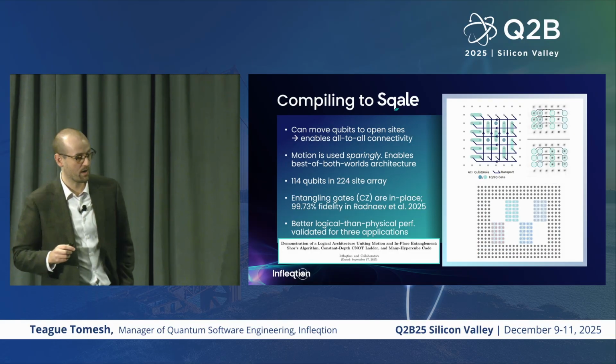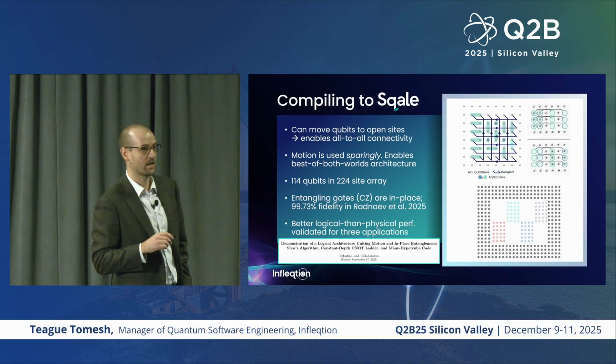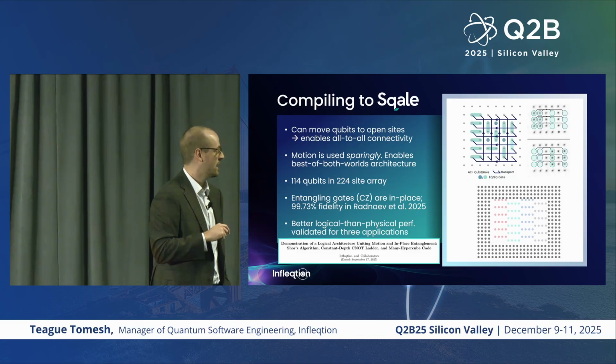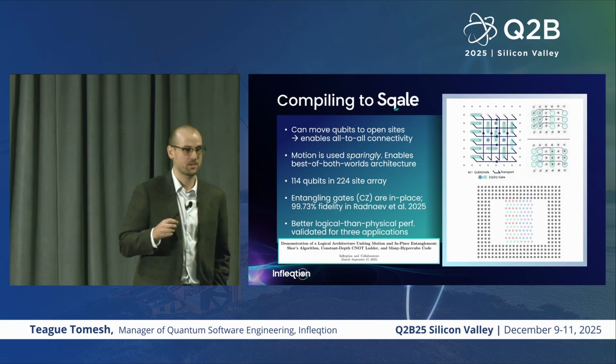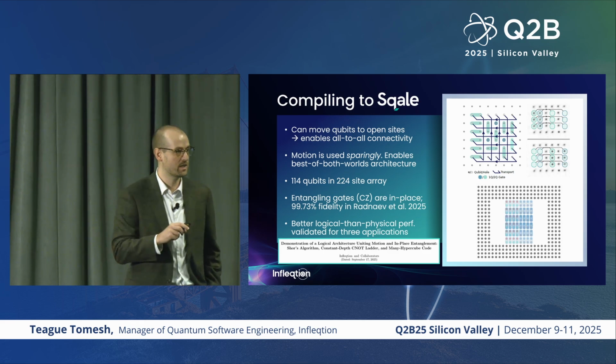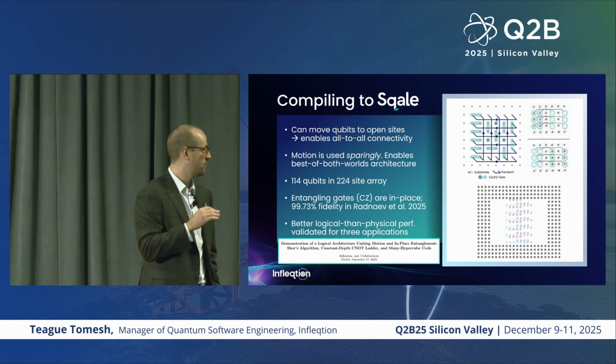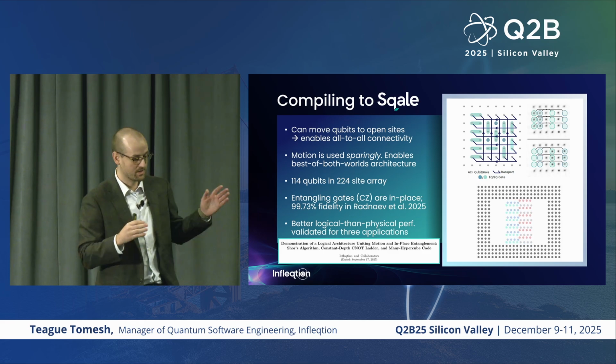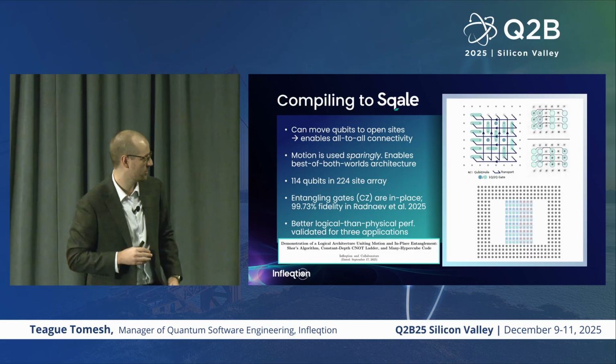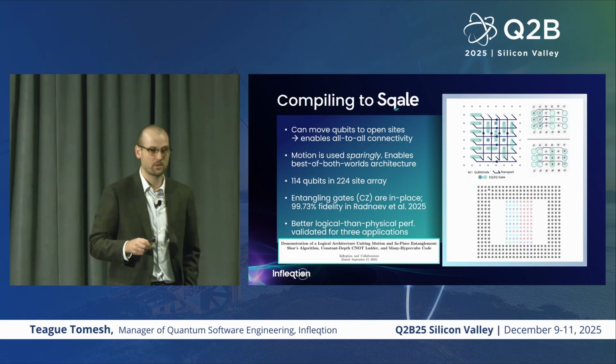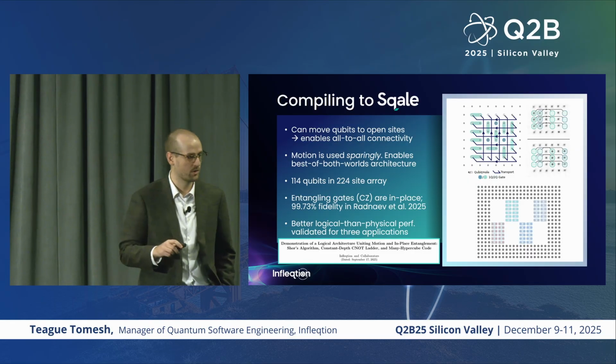To say a bit more about how we compile circuits to our quantum computer scale, I already mentioned that one of the things we want to do is minimize the number of movements to cut down on error and runtime. In one of our recent works, we demonstrated a fault-tolerant implementation of precompiled Shor's algorithm.